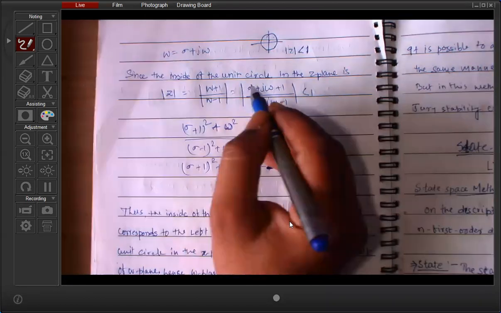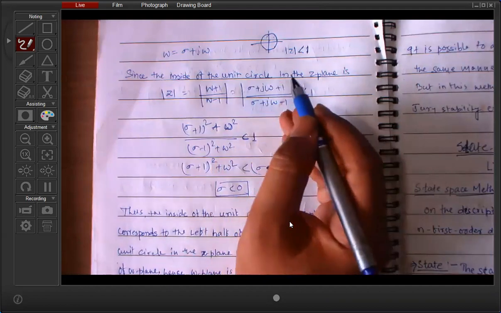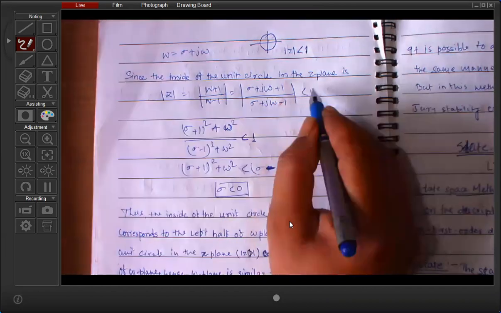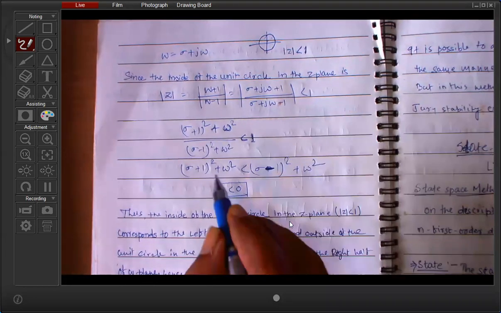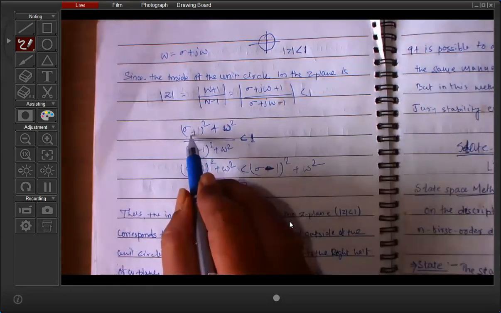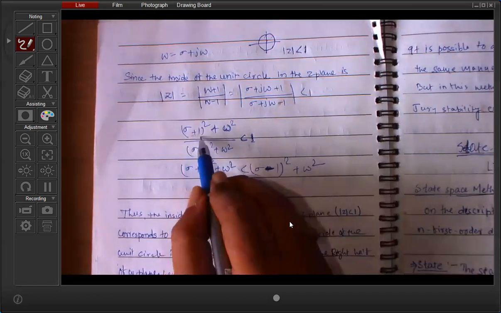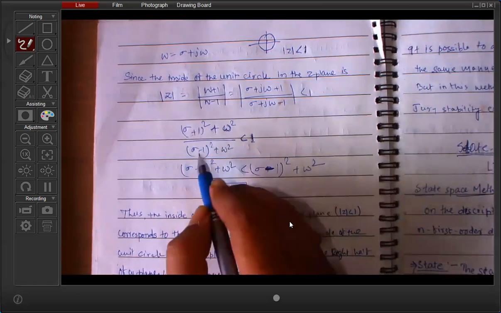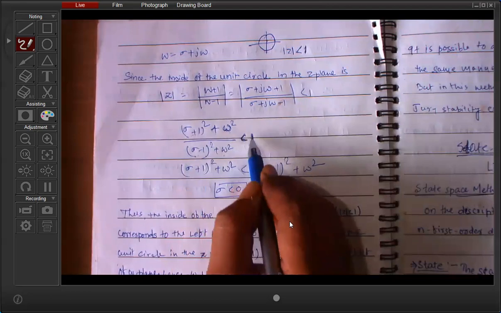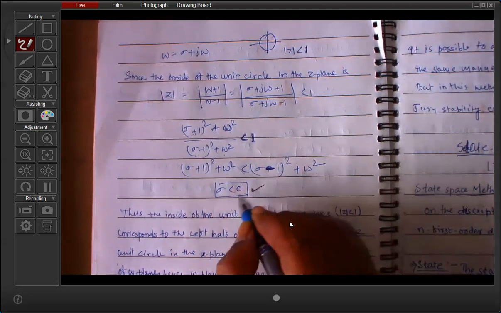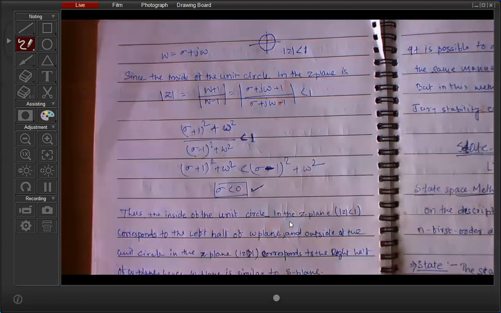So the square root of (sigma plus 1) whole square plus omega square, divided by (sigma minus 1) whole square plus omega square, should be less than 1. If you solve this expression, then you can say that sigma is less than 0.